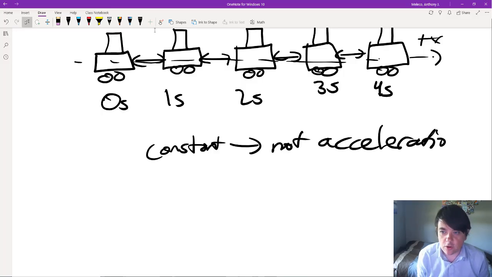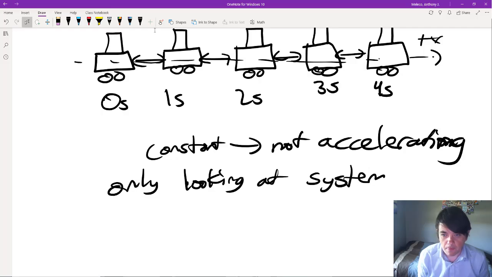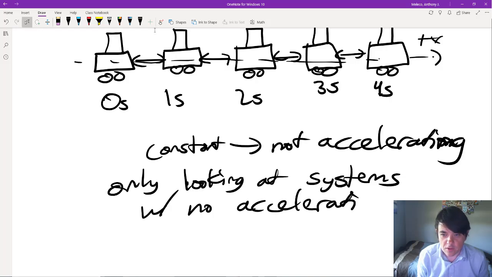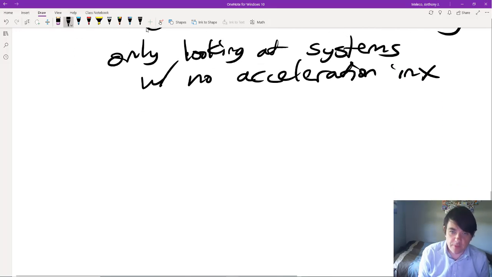We will only be looking at systems with no acceleration in x, because there will not be a force in the x direction.